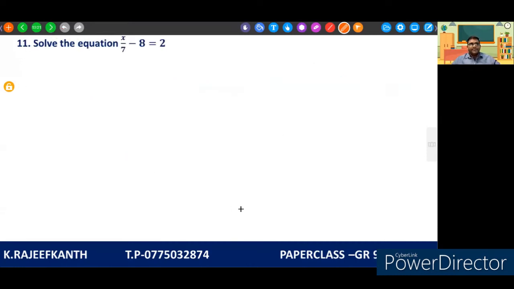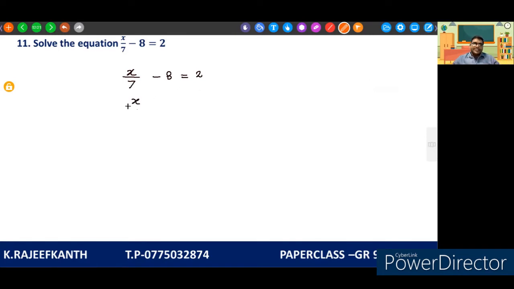Question number 11. Solve the equation x over 7 minus 8 is equal to 2. This is a simple equation, so you have to solve it. First we have to add 8 to both sides, right?